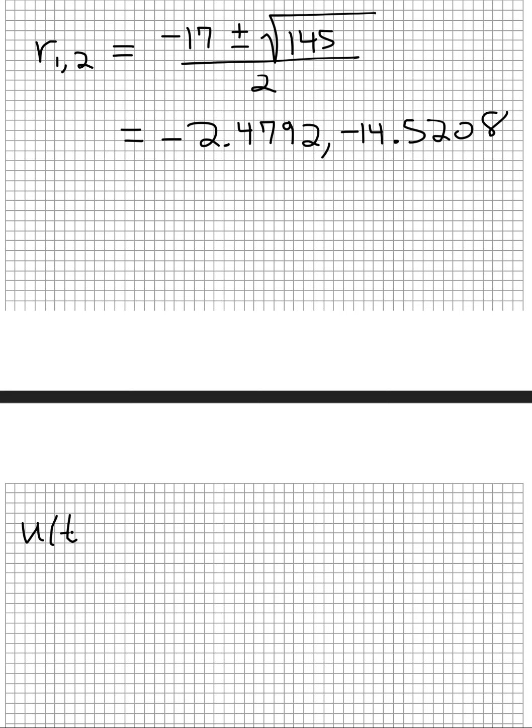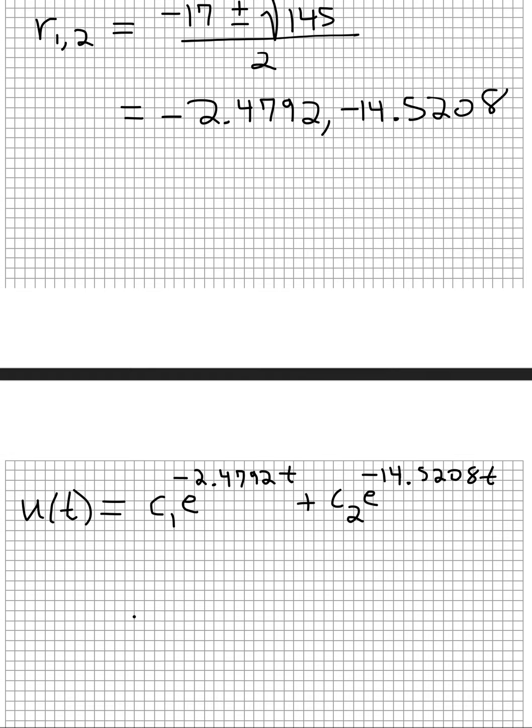It'll be u of t equals c1 e to the negative 2.4792 t, plus c2 e to the minus 14.5208 t. Okay, so just our two roots.